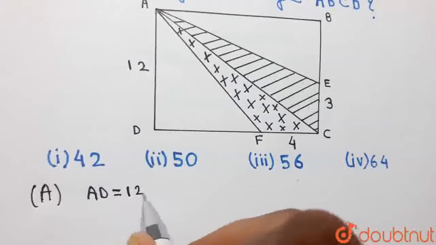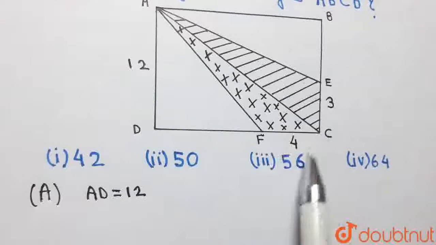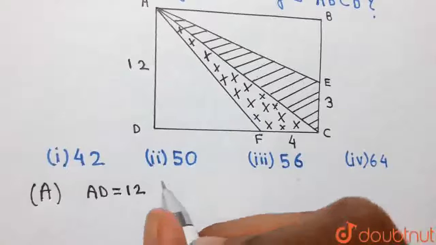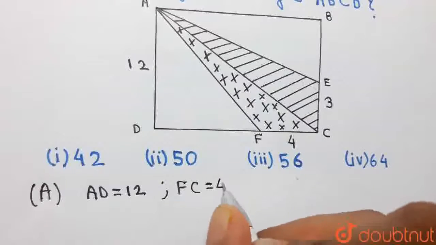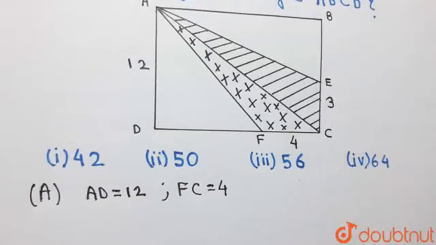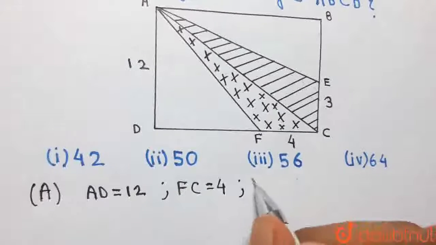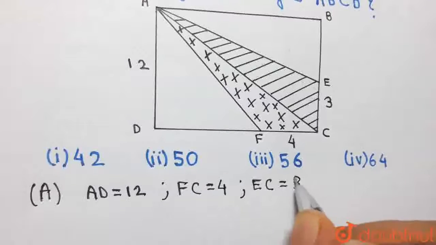Also, FC is equal to 4, and the length of EC is equal to 3.